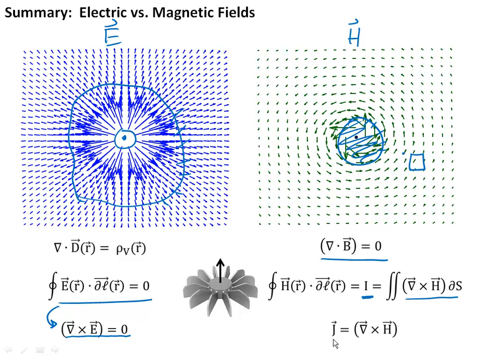And from this and from Stokes' law we have a more general representation of a distributed current density J as being the curl of the magnetic field H. And so these are a lot of mathematical relations, but we're beginning to relate one to the other. And because we've gone into this previously in a fair amount of depth in the electric field, it shouldn't be too hard to think of the same types of mathematical equations as representing a magnetic field. Sure, they're different, but doing the math is pretty much the same.